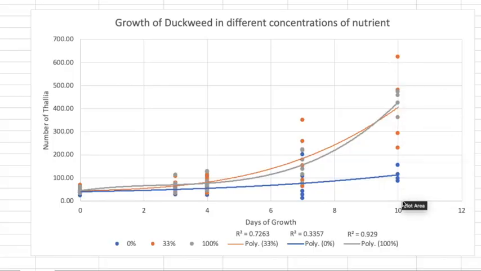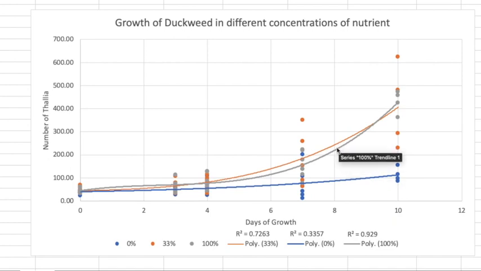So let's see if we can do some interpretation with this regression analysis. Essentially, you can see that there is definitely a difference in the growth rate of the different mediums. As we already knew before, there is a significant difference between the growth rate in the distilled water compared to the 33% and the 100% medium.